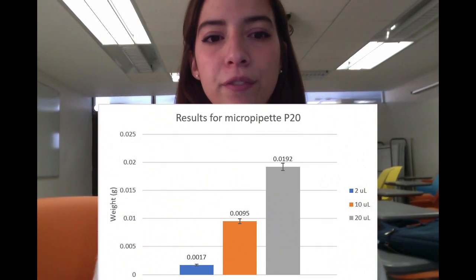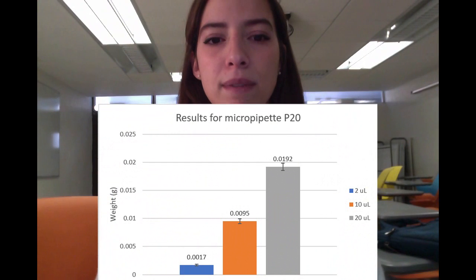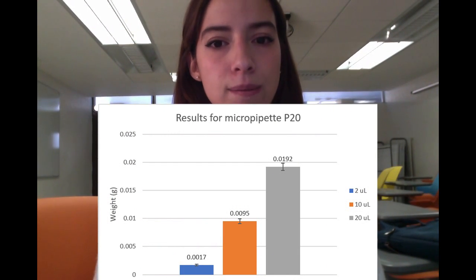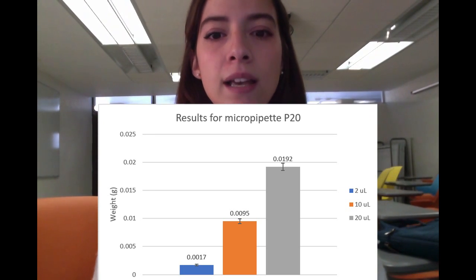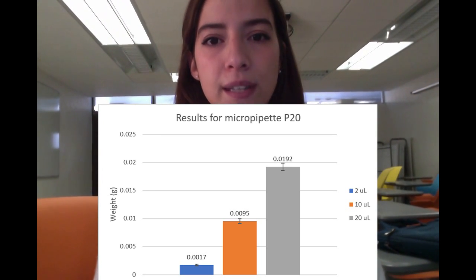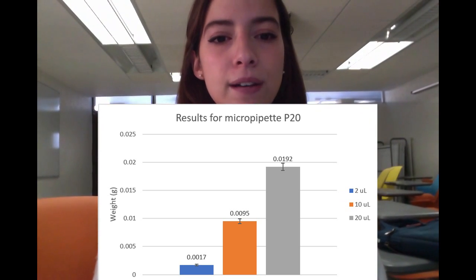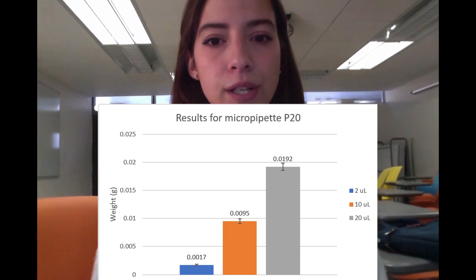The data recorded for the P20 micropipettes had a mean of 0.0017 at its lowest value, 0.00948 at the medium value, and 0.0192 at its maximum. The standard deviations were 0.00067, 0.00043, and 0.00066, respectively, showing that the data were not that dispersed.